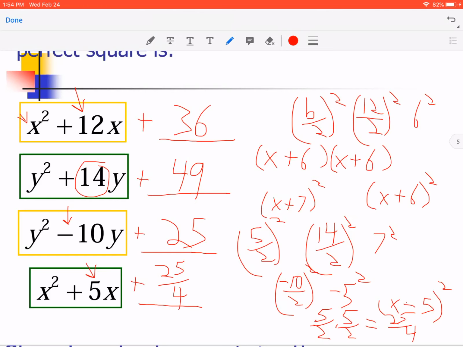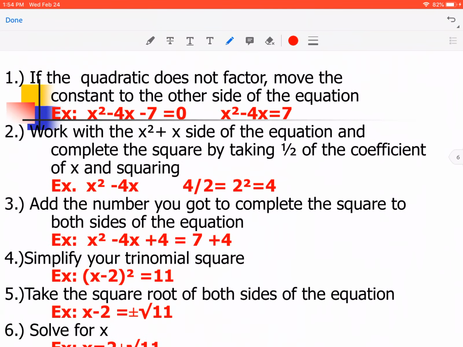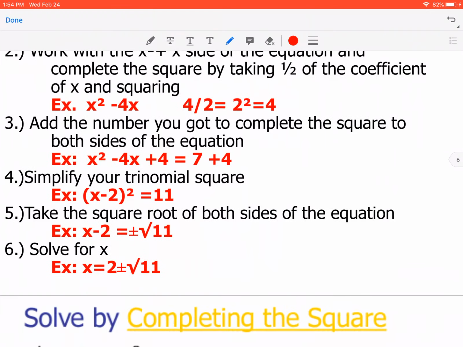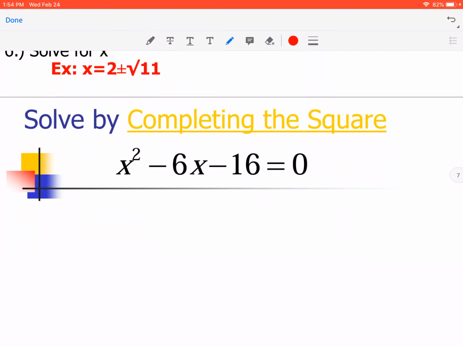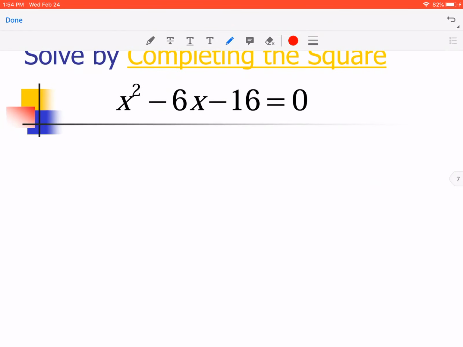Okay? Now, these are the steps. I'm going to go through them, so you can always go back and look at this, but this is how we're going to set it up. So, old way would have been quadratic formula. We're going to do it by completing the square. First thing you do on completing the square is you don't have it in standard form.